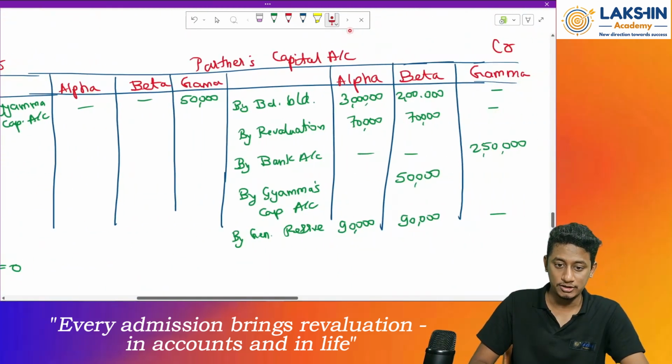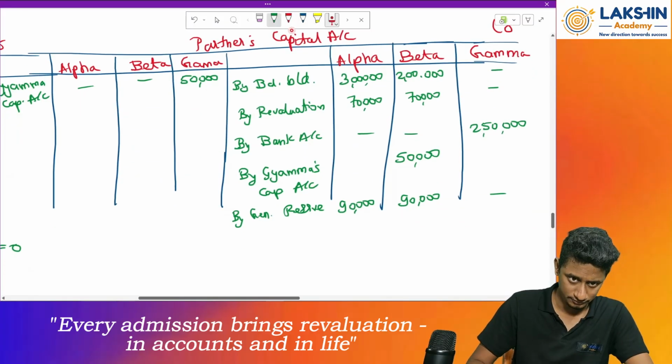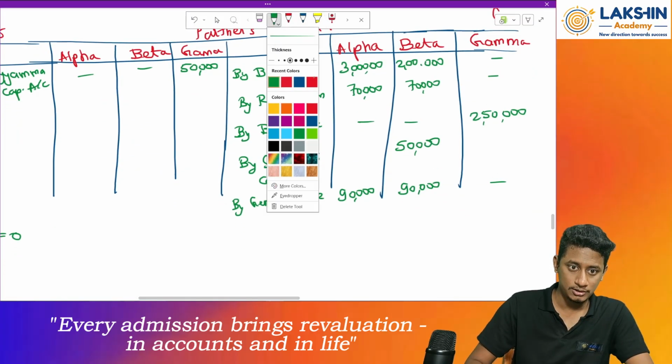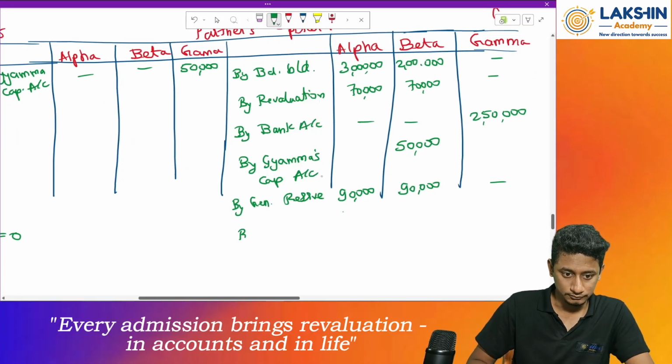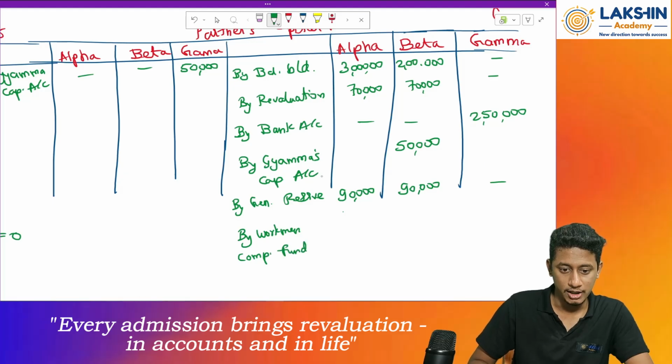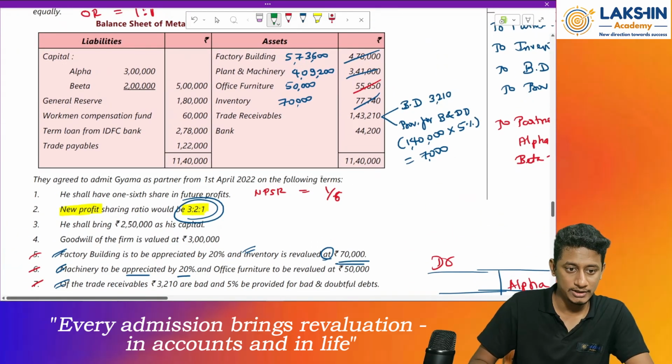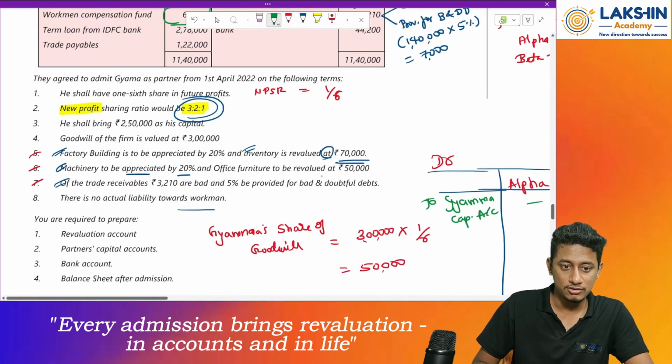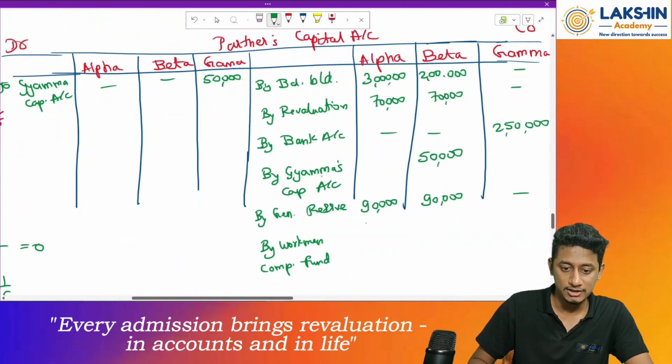So again, going to the ledger account of the partners, by workmen compensation fund. How much was the value? Rupees 60,000. So divide equally between both the partners, rupees 30,000 and rupees 30,000.